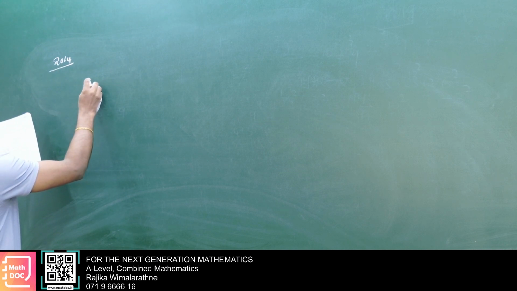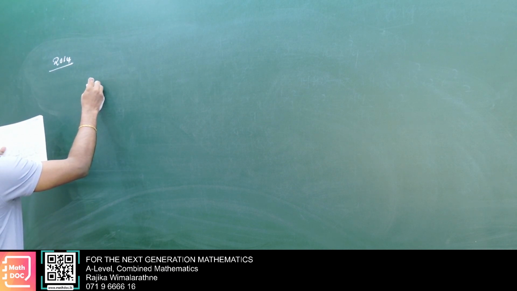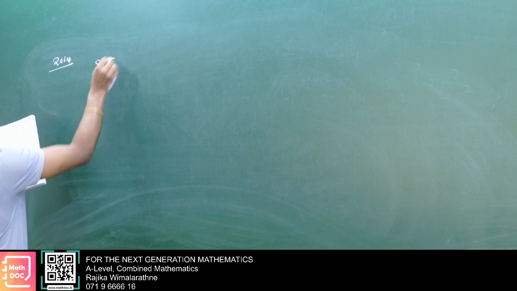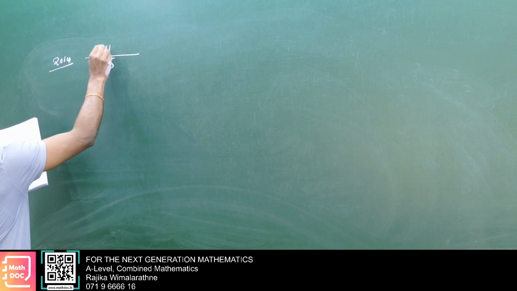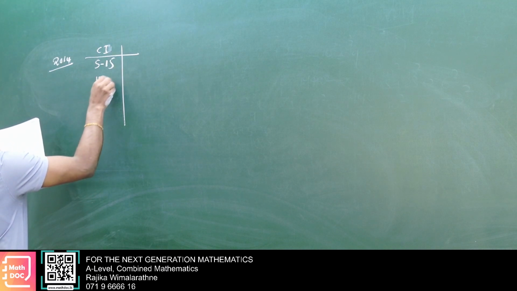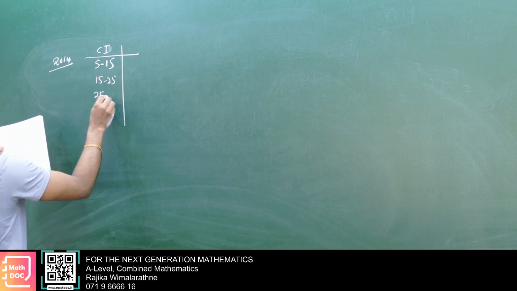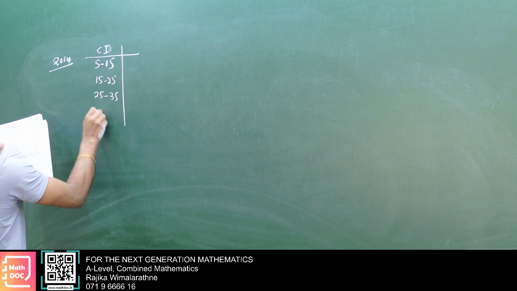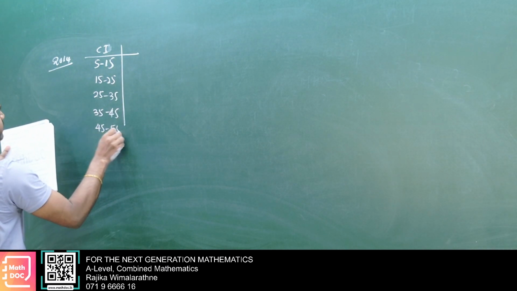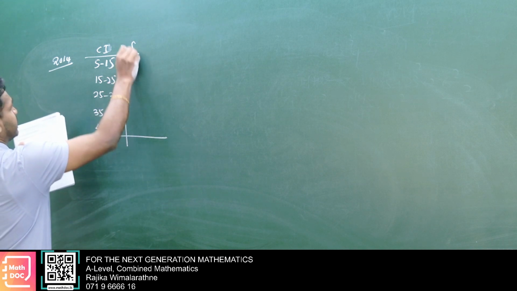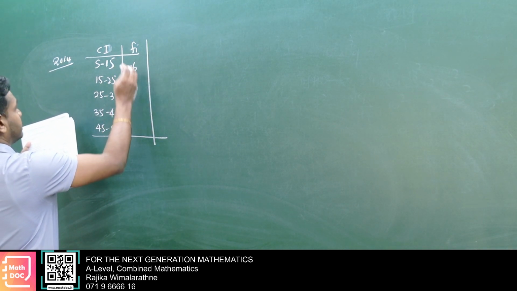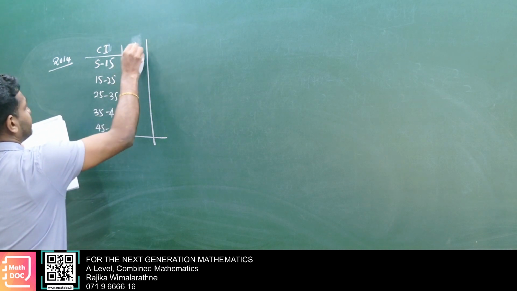Here a table is given. Class intervals 5 to 15, 15 to 25, 25 to 35, 35 to 45, 45 to 55. Here frequencies 16, x, 30, y, 20. Before that, find xi, the mid values.